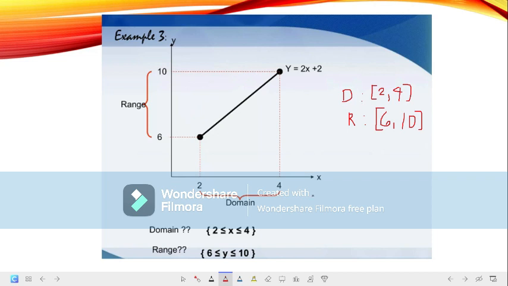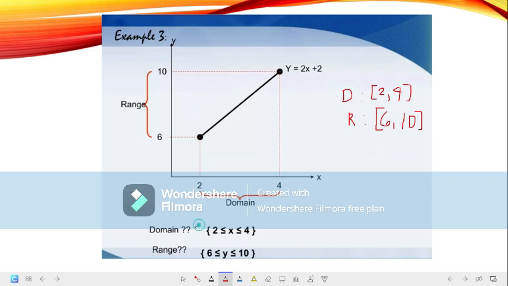Now how about the set builder notation, or inequality? For the set builder notation, again, for the domain we will use the value x, that's for the set of x values, and for the range, we'll use the y values.